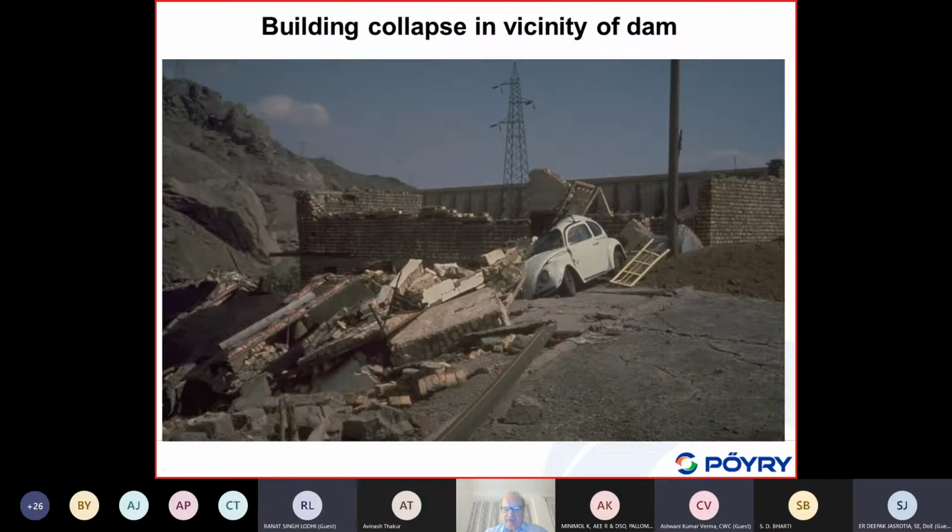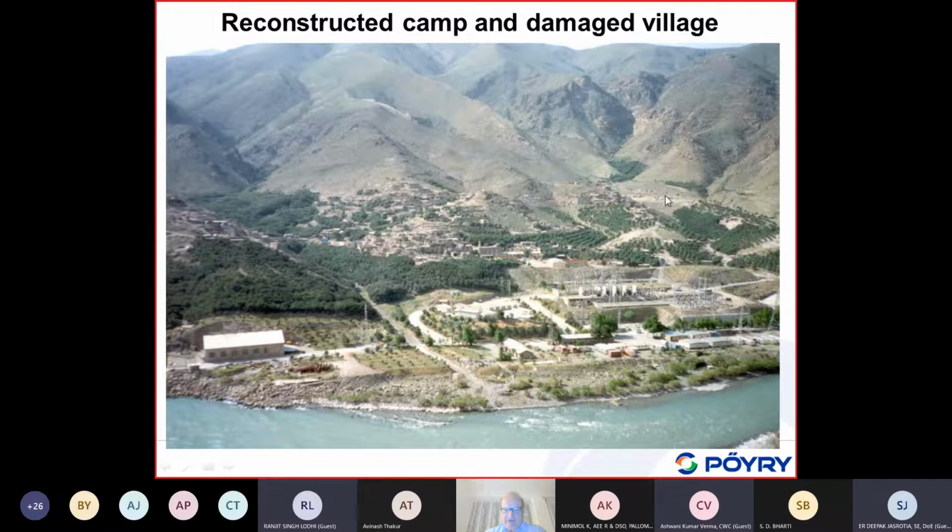Okay, this is just some building downstream of a dam. It collapsed here. We see here the dam is just in the background. Okay, this is a view of a power plant, just downstream, maybe 200 meters. And this is the switchyard which I've shown. It's not so sharp, with some buildings.